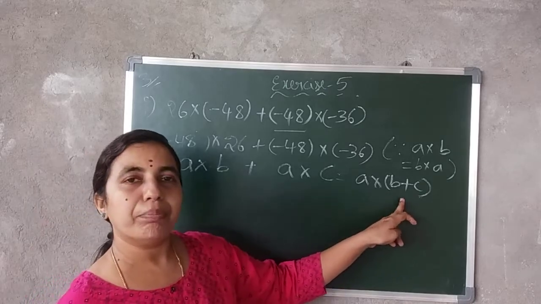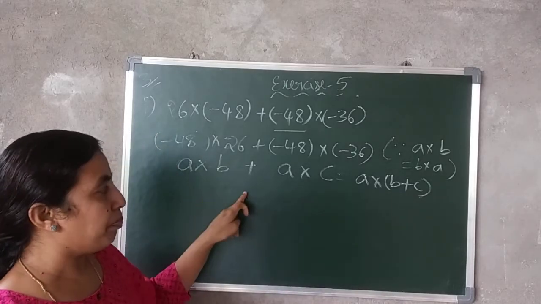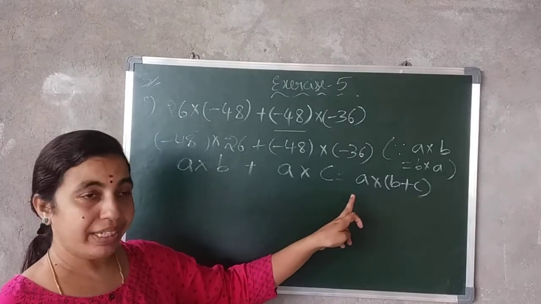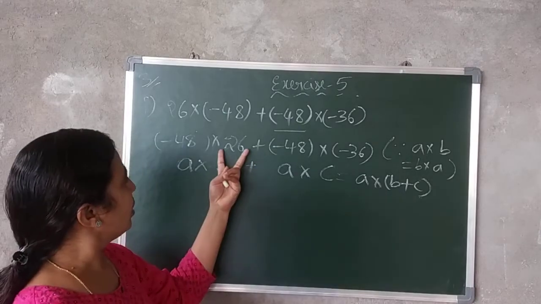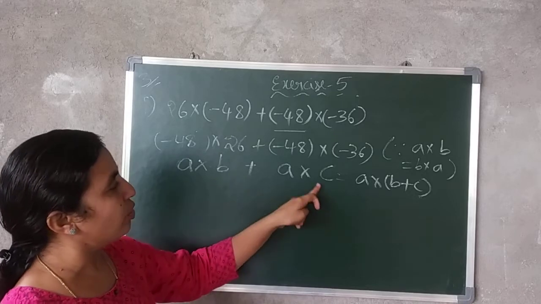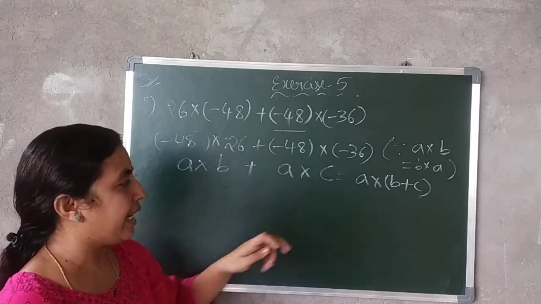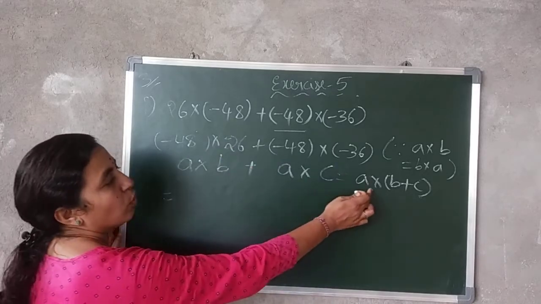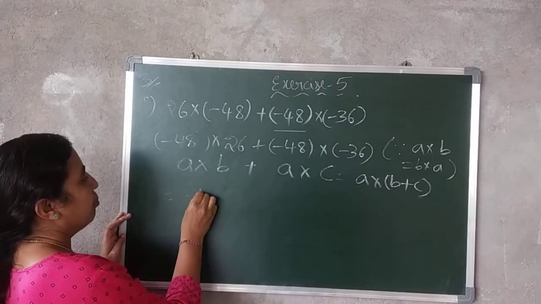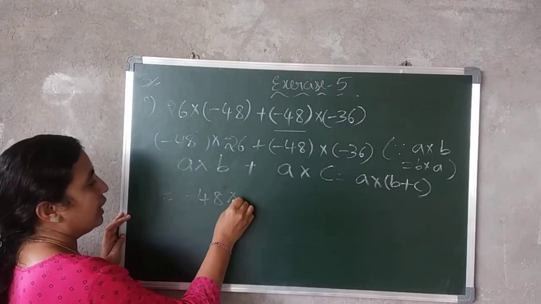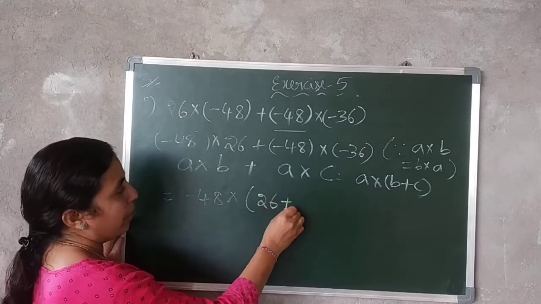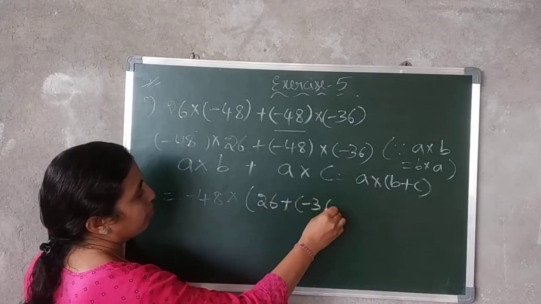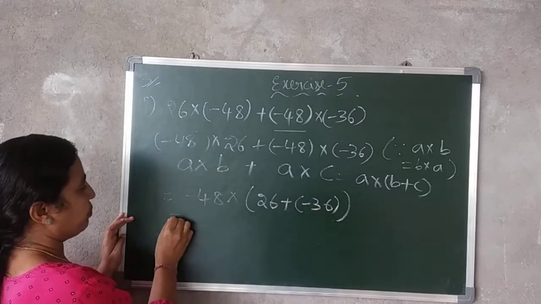So I'll write it like this: A into B plus C. A is minus 48, B is 26, C is minus 36.